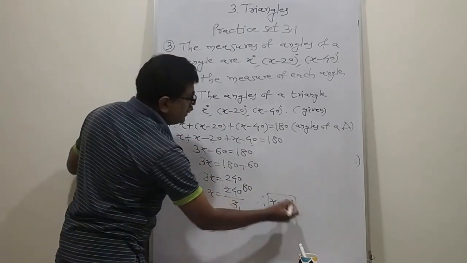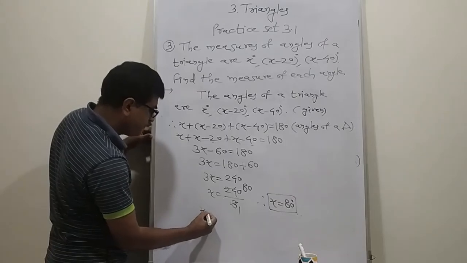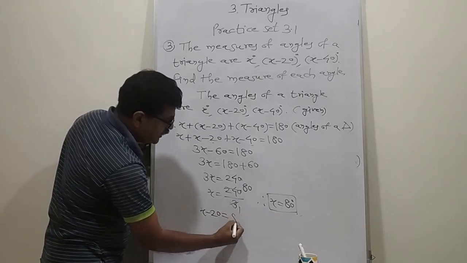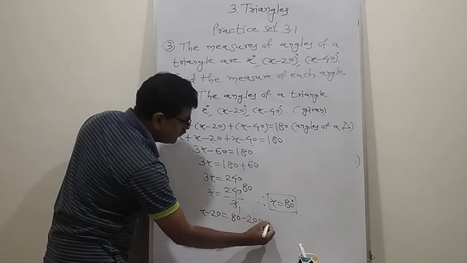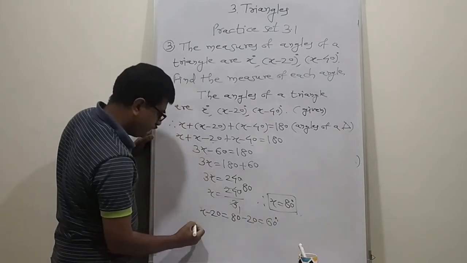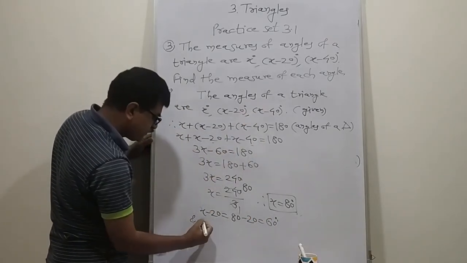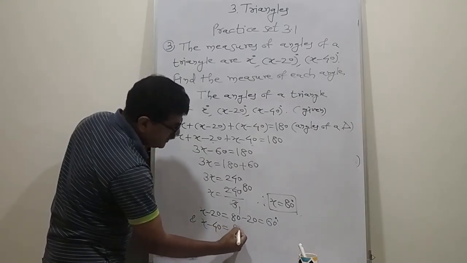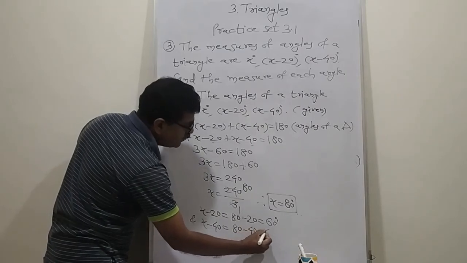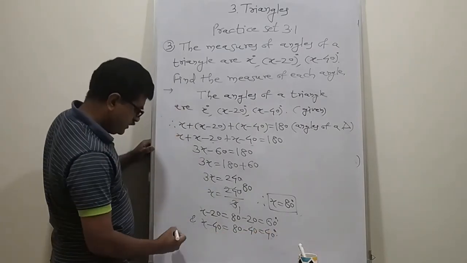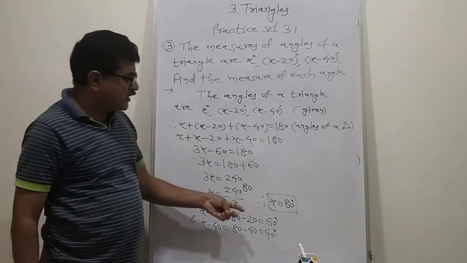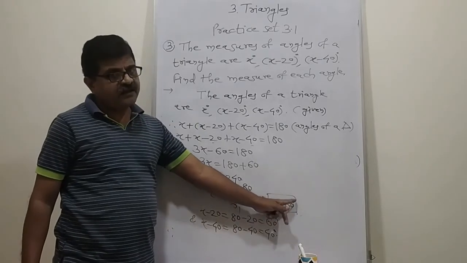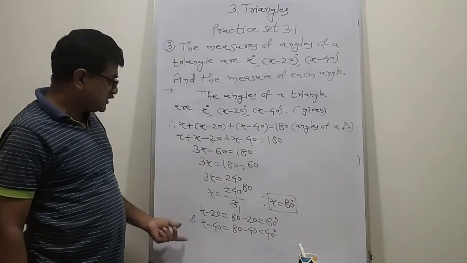Second, x minus 20 is equal to 80 minus 20 is equal to 60 degrees, and x minus 40 is equal to 80 minus 40 is equal to 40 degrees. Now let us see the sum of these three angles: 60 plus 40 is 100 plus 80, that is 180. Therefore our answer is correct.